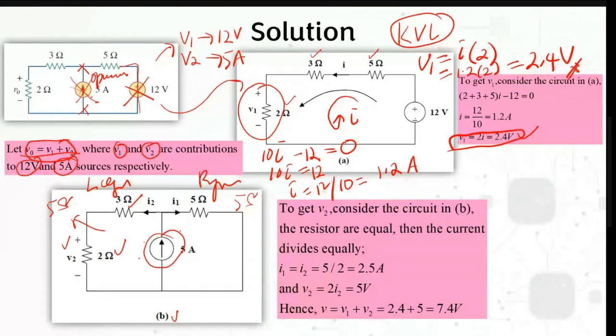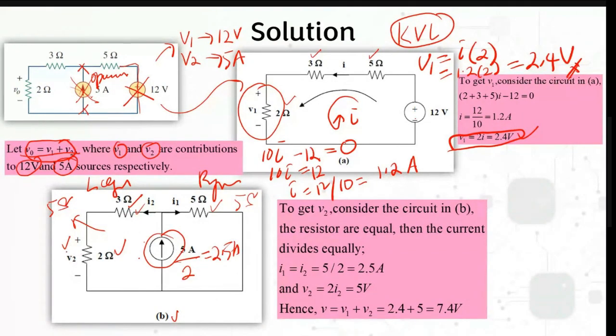So the current on the right side and left side will be equal. Just 5 divided by 2, so you will have 2.5 ampere for both.